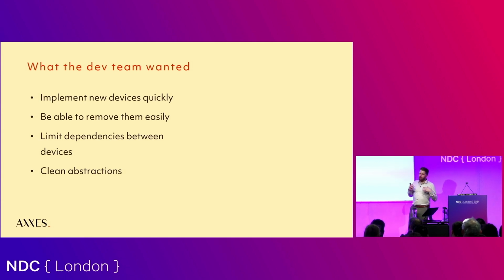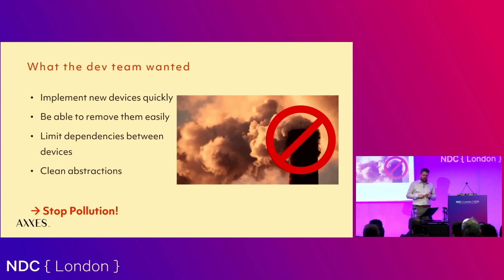And that meant that we would have to limit our dependencies between our core platform and all the dependencies that we had through those devices. And that led us to make our abstractions in our code base a lot cleaner, and it made us think about all of those things.